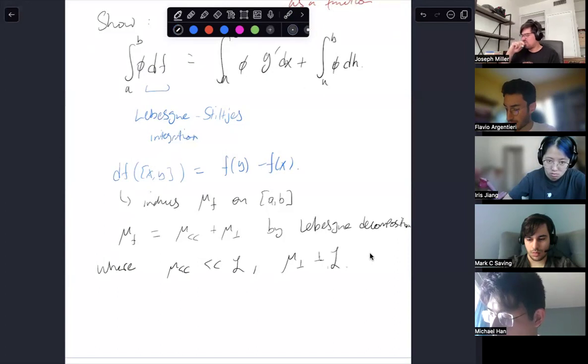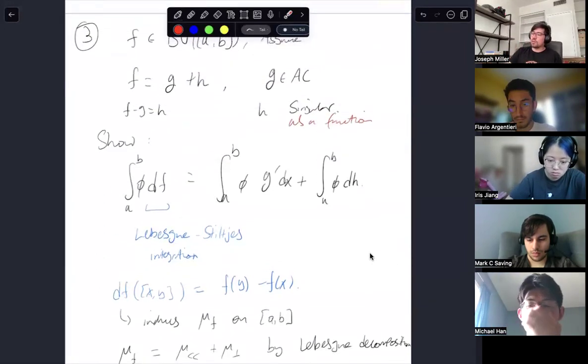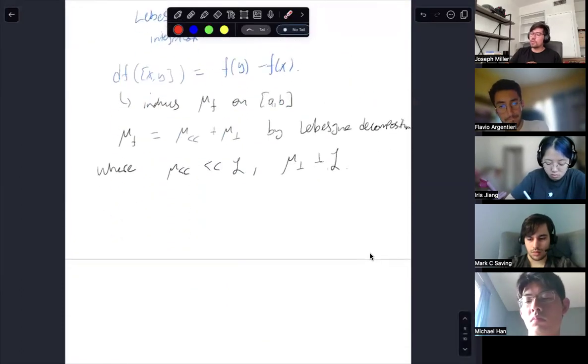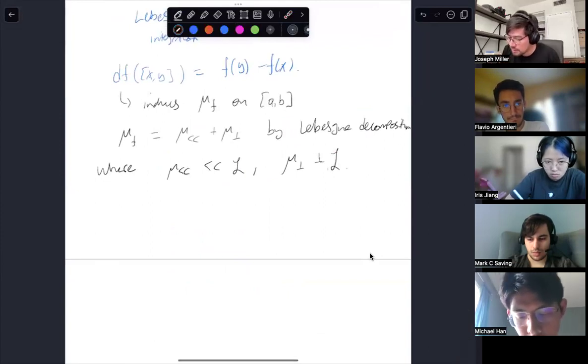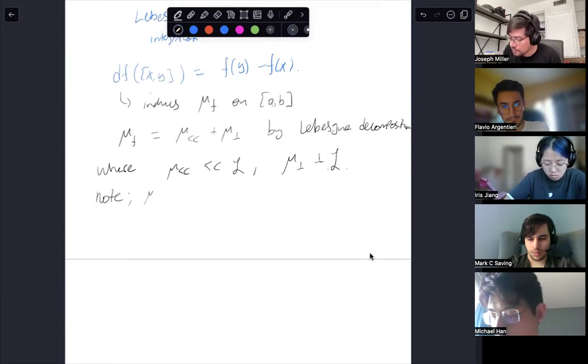So I'm connecting these notions of being absolutely continuous and singular on functions, and I want to relate them to this decomposition. One thing to note is that these guys are unique.